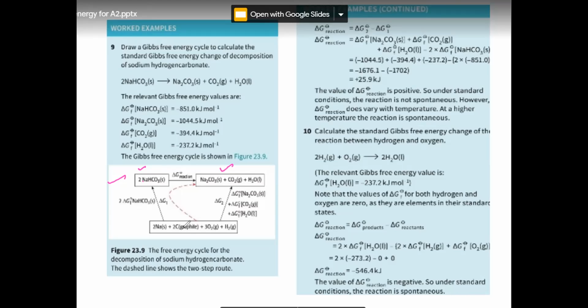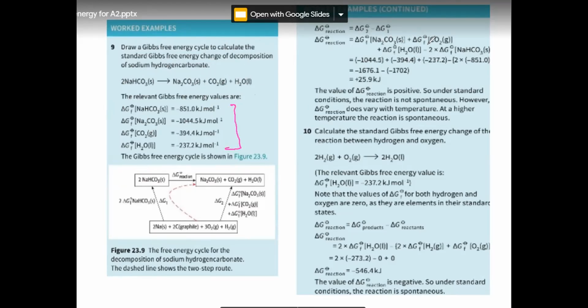Or you can form either the reactants from the elements, or you can form the products directly from the reactants. और ये आप cycle direct route और indirect route करके और आप उसको cycle में convert कर देते हैं, ठीक है? So this is how you draw the cycle. Now the values I mentioned to you, and you have to calculate the Gibbs free energy for a reaction. So taking care of the stoichiometry of the values, the molar ratio and all, we have all the values, they are mentioned over here in the question.